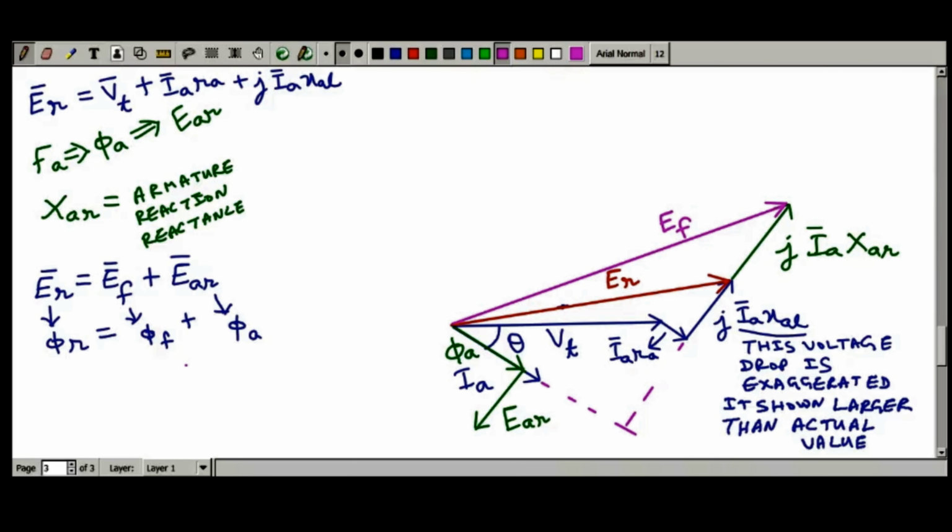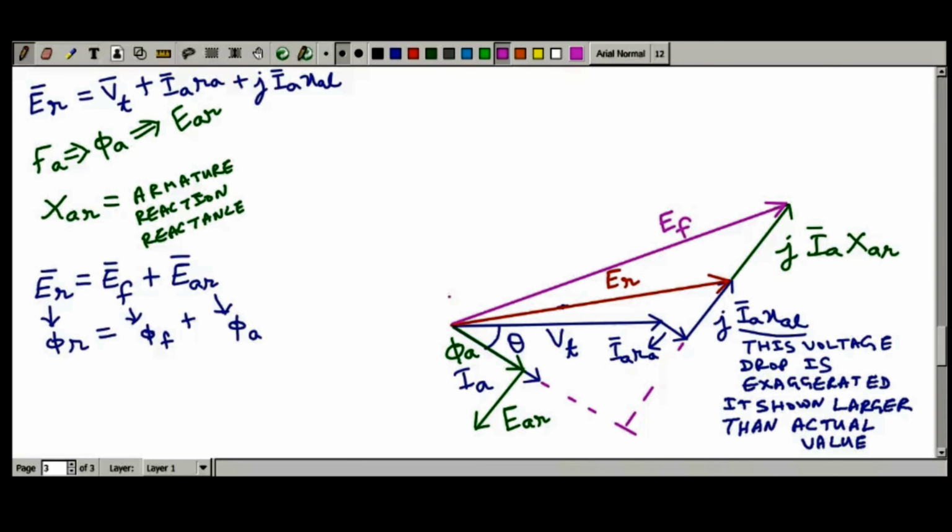Now in a transformer, you know that the flux is leading the induced EMF by 90 degree, or in the reverse way, the induced EMF due to a flux will lag the flux by 90 degree.